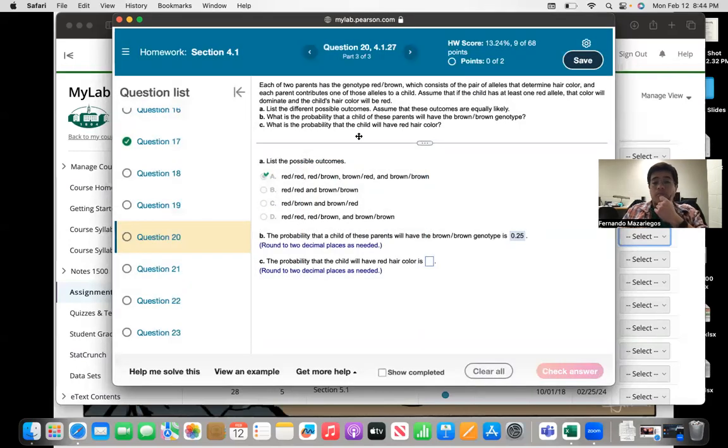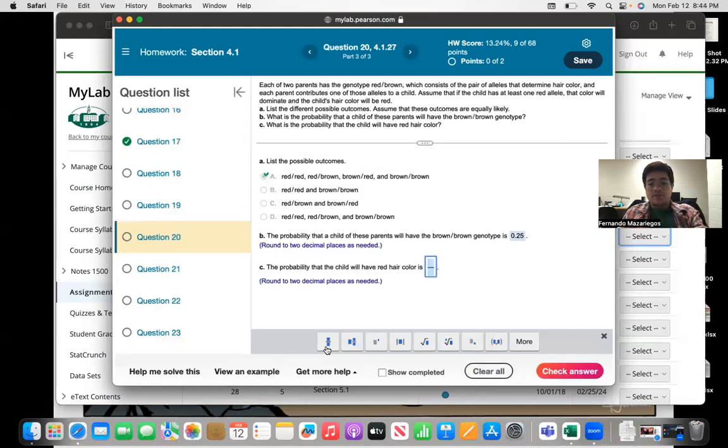And what is the probability that the child will have red hair color? So we are being told that if the child has at least one of these red alleles, that color will dominate and the child's hair color will be red. So how many of these four possible outcomes have at least one red allele?